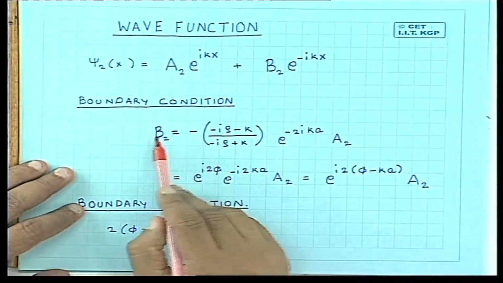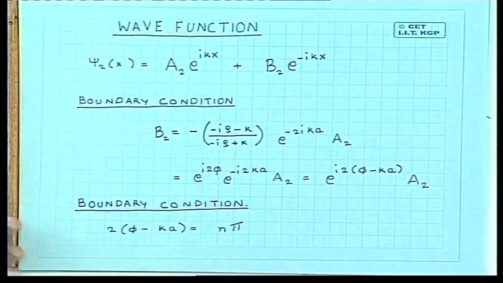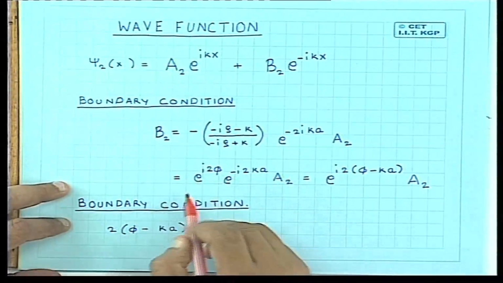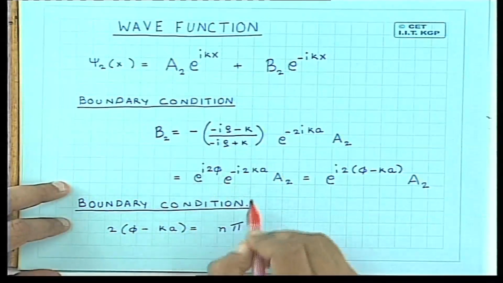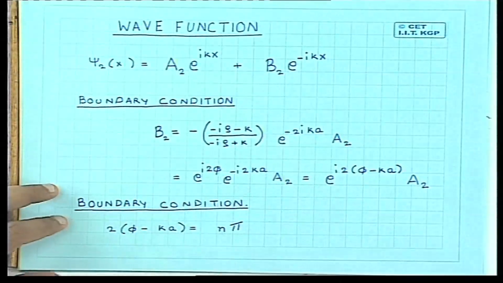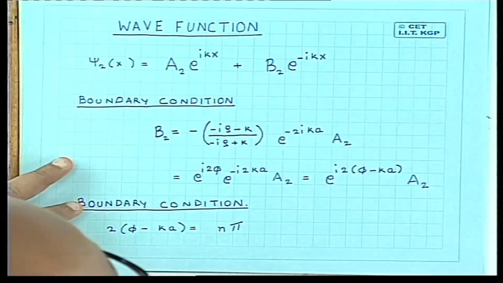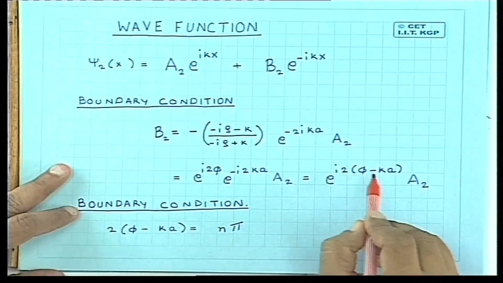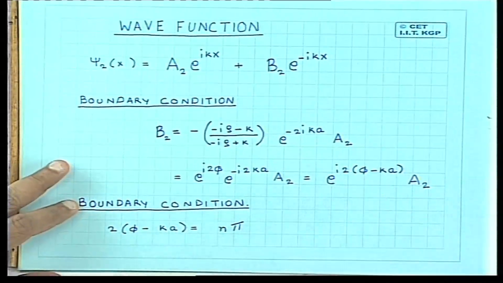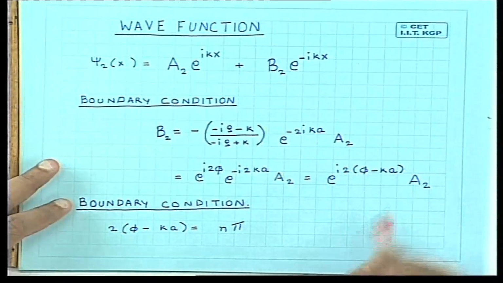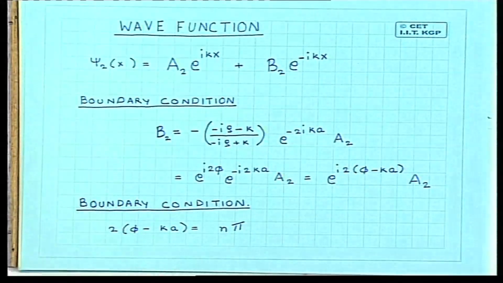Plugging this into this relation between B2 and A2, we find that B2 and A2 are related as follows. B2 is equal to e to the power i2phi e to the power minus ika into A2, which is basically e to the power i2 into (phi minus ka), the exponent is i2 into (phi minus ka), this whole thing into A2.